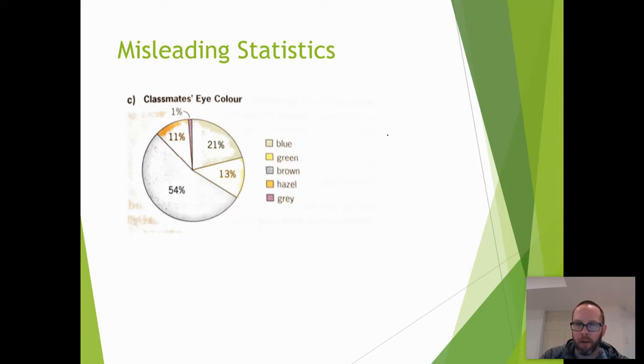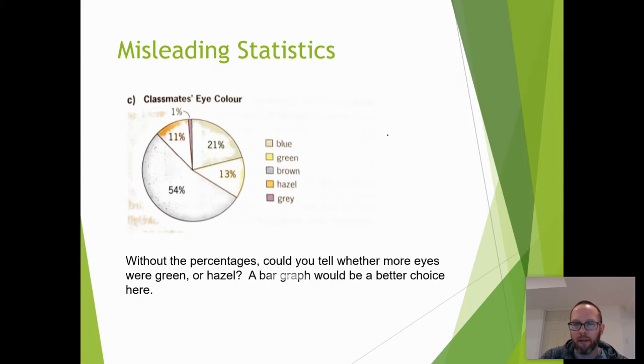If you looked at the 11% and 13% sections, and you didn't have those percentages, and not all circle graphs do, would you be able to tell which one is bigger, whether there are more hazel eyes than green eyes? I certainly couldn't. In this case, a bar graph would have been a better choice, because then you could do an easier comparison between all the different eye colors.